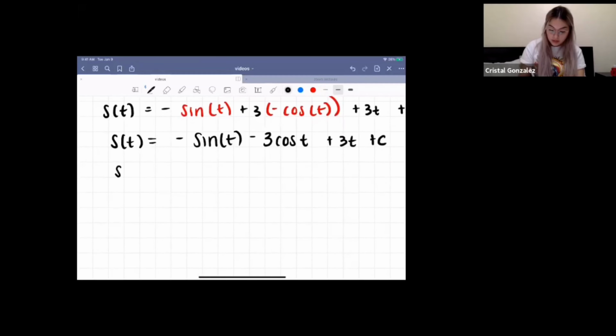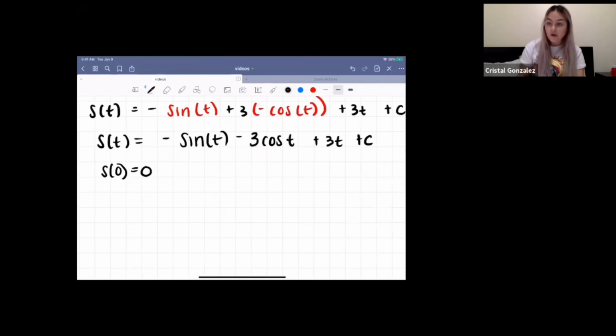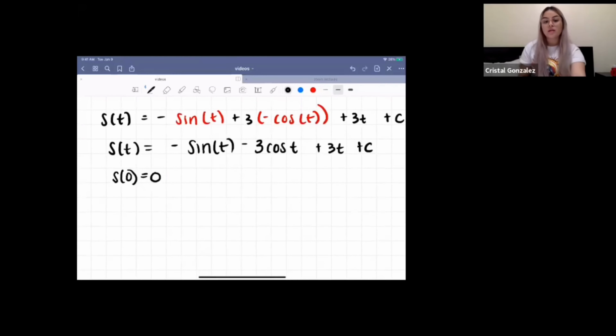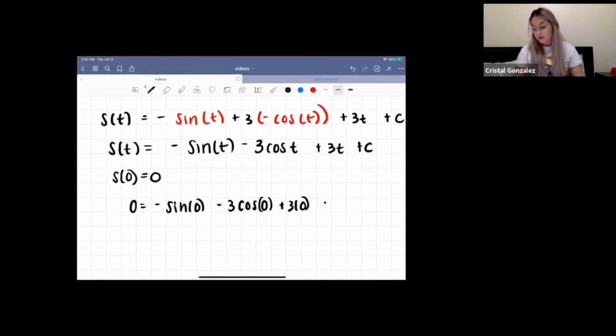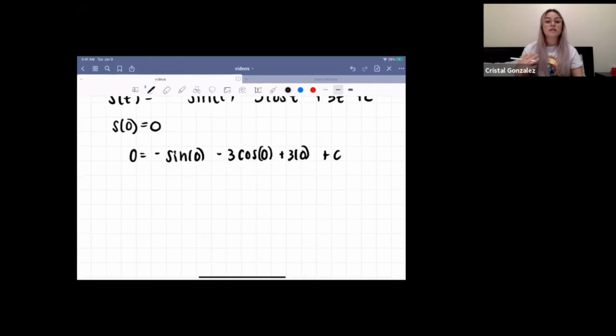So we'll use s of 0 equals 0 to get our value for c. So we're going to do 0 is equal to negative sine of 0 minus 3 cosine of 0 plus 3 times 0. I'm just doing all these extra steps so that you can see it.